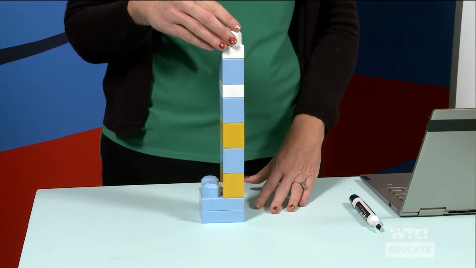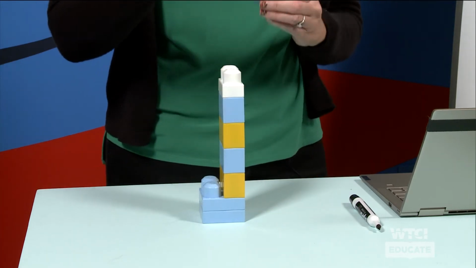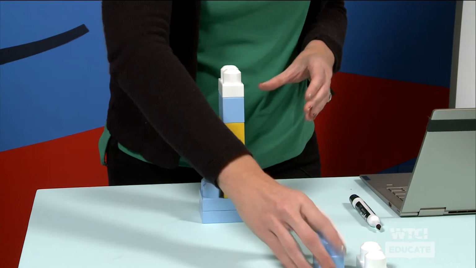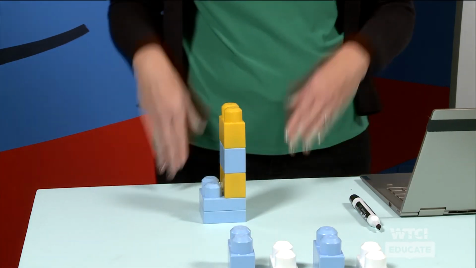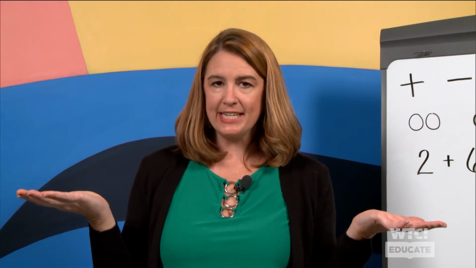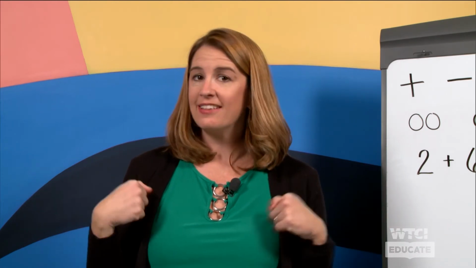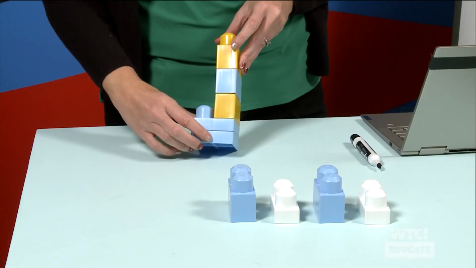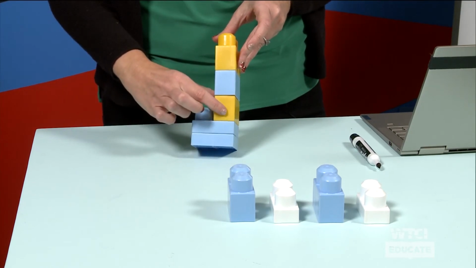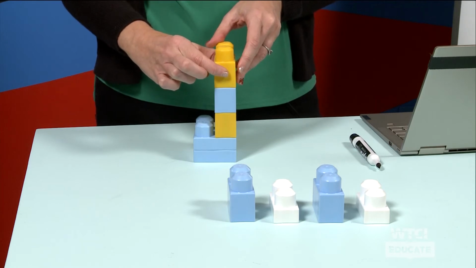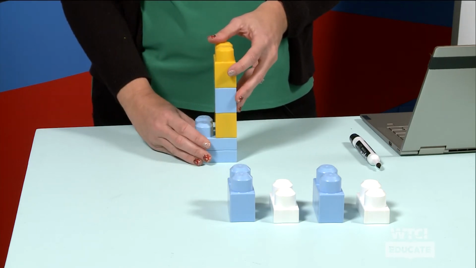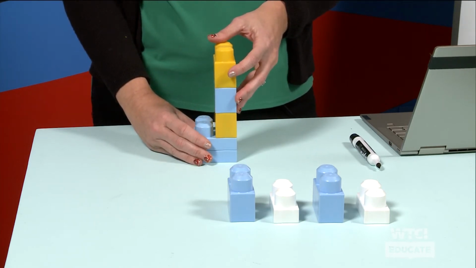I'm going to have to take 4 Legos off. 1, 2, 3, 4. How many Legos are still in my tower? Let's count and check. 1, 2, 3, 4, 5. So 9 take away 4 must equal 5.